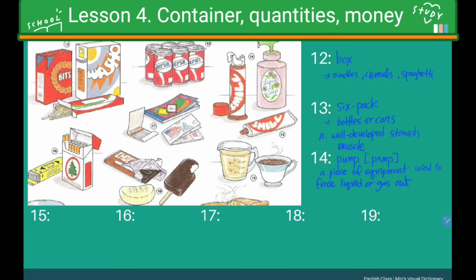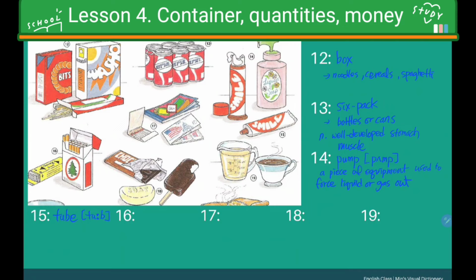And number 15, we have tube. And this one has two pronunciations. One is just the oo, but very long oo, and boo sound. So it's tube.